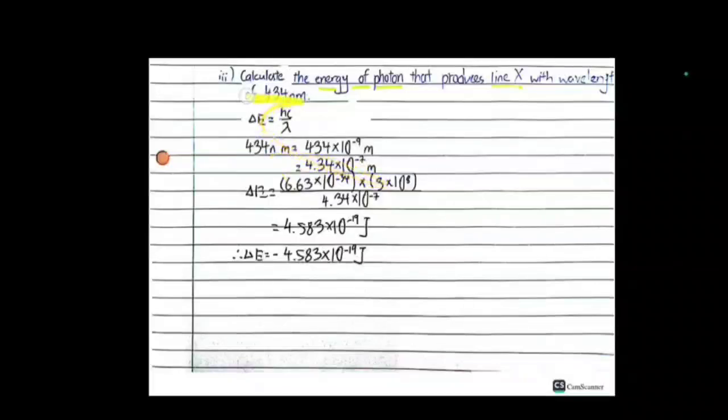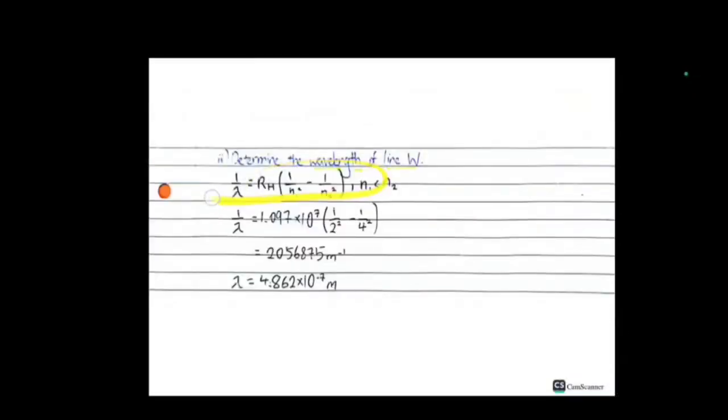Okay, so for question 3i, calculate the energy of photon that produces line X with wavelength of 434 nanometer. In this question, the wavelength is given and we want to calculate the energy of the photon. As we know, we have two formulas to calculate the energy of a photon. One is this and one is similar to this.